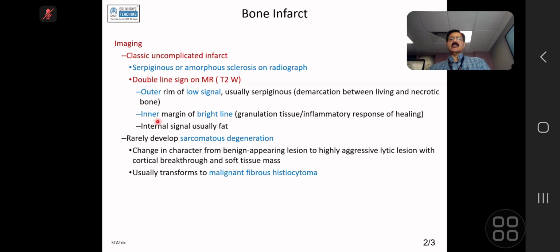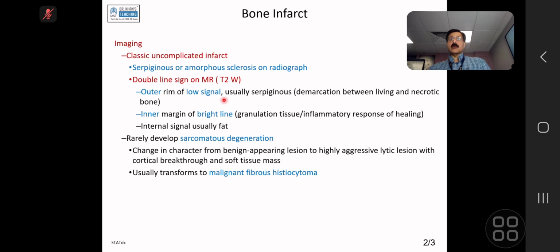And then there is an inner margin of bright line. What is that bright line? That bright line is granulation tissue or inflammatory response. And internal to that will be either fat, or if fat is not present and it is all necrotic, then it will be lost. Double line sign, by definition, is a sign seen on a T2 weighted sequence.